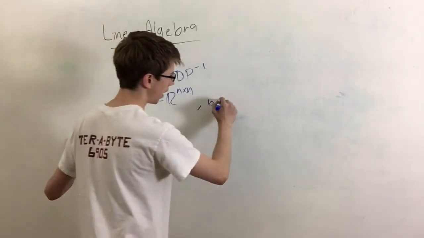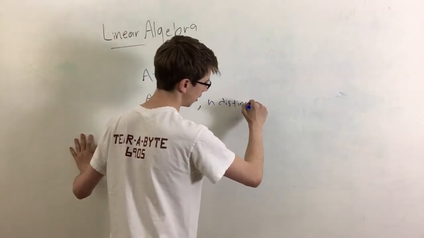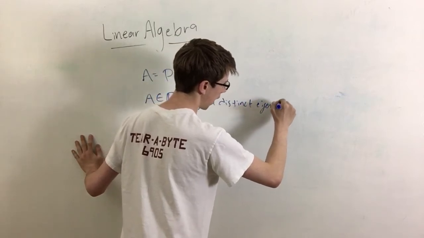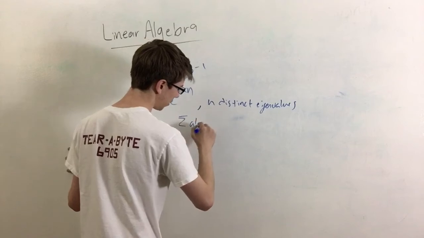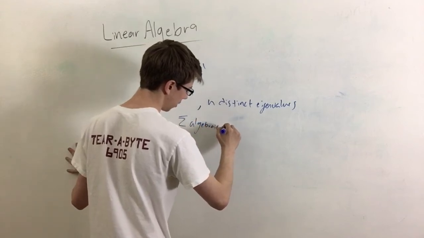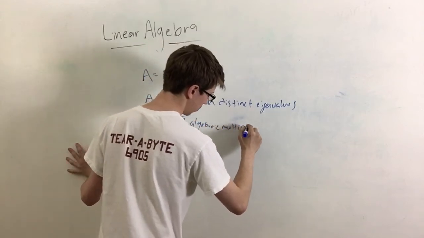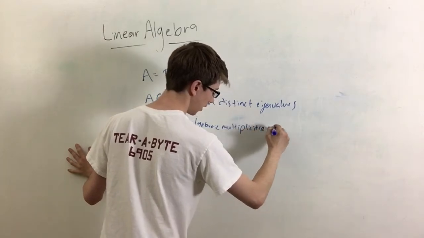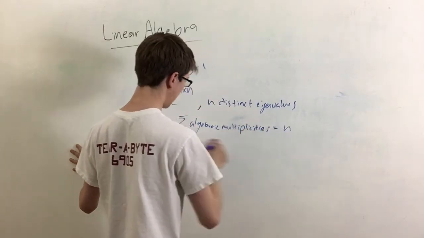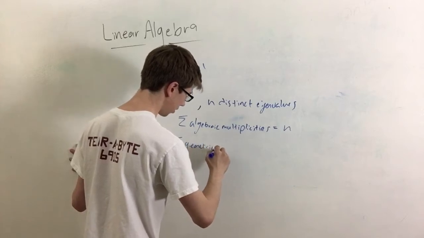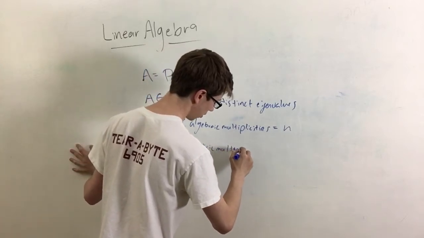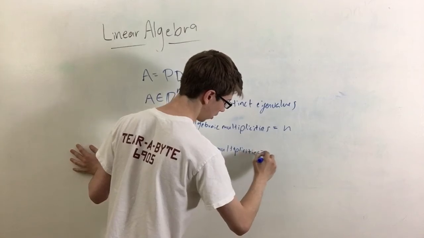Then you need to have n distinct eigenvalues, which means the sum of the algebraic multiplicities has to be equal to n, and the sum of the geometric multiplicities also has to be equal to n.